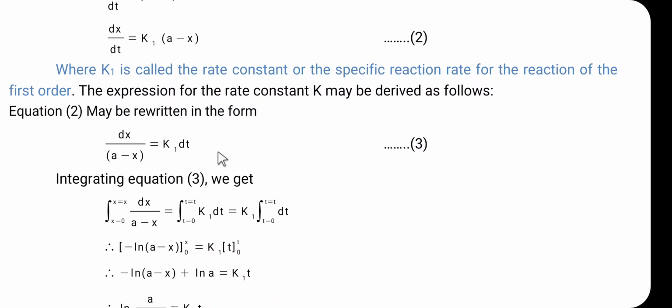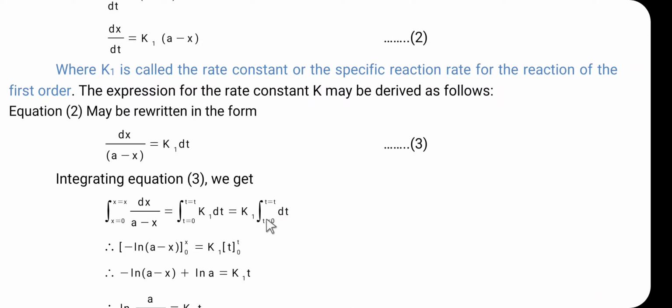To obtain the expression for the velocity constant for the first order reaction, we have to integrate equation 3 using the proper limits. So the integration of dx upon (a minus x) from the limit 0 to x is equal to the integration of k1 into dt from the limit 0 to t. Here k1 is a constant, the velocity constant, so it is written outside the integral sign.